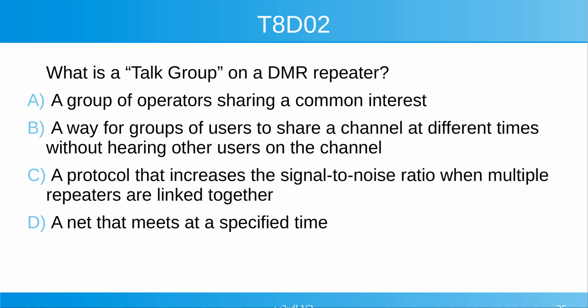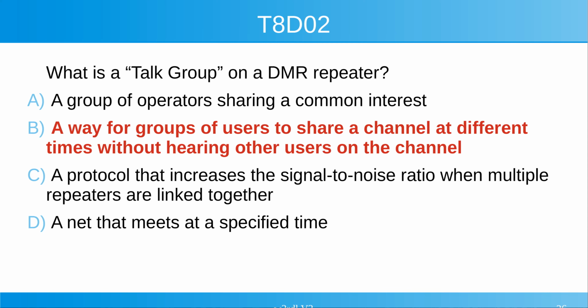So what is a talk group on a DMR repeater? Well, let's see. Yeah, you could say it's a group of operators sharing a common interest, but it's a little more than that.